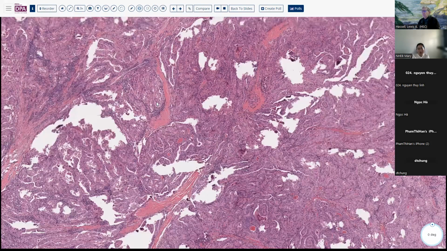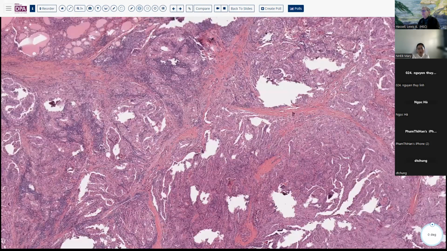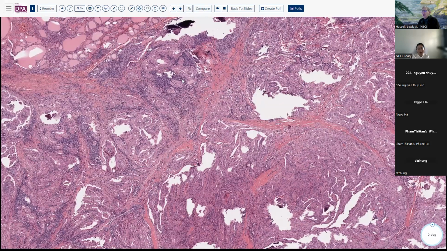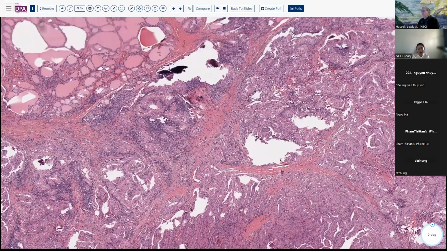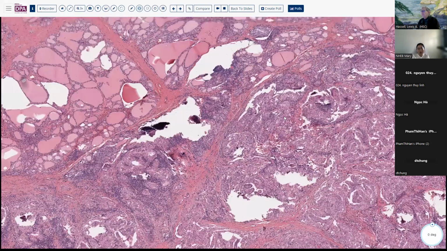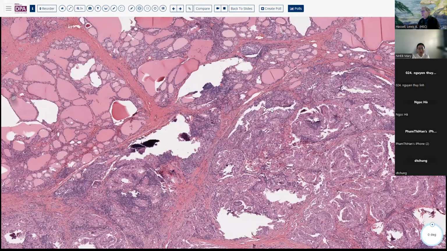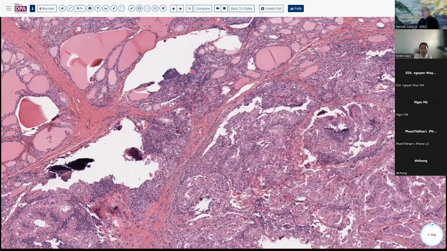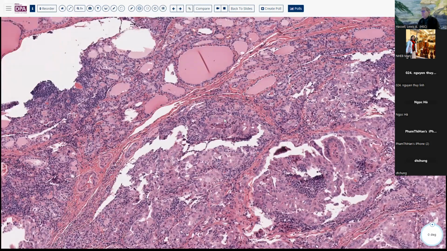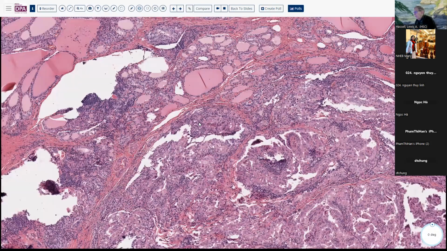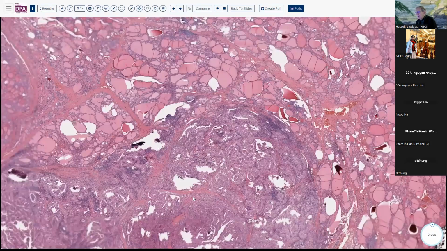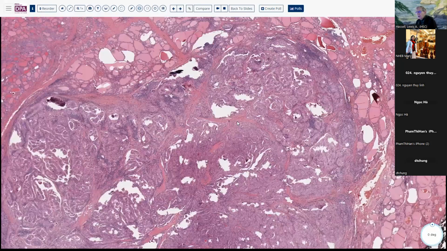And here, our tumor up here is extending beyond any sort of capsule into the adjacent thyroid tissue without any strong capsular margin or anything like that. So I think you'll agree with me that this is a nice example of papillary carcinoma.